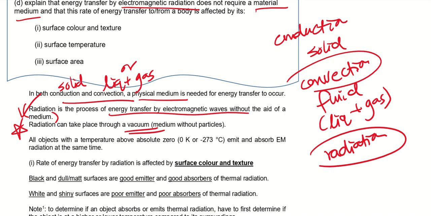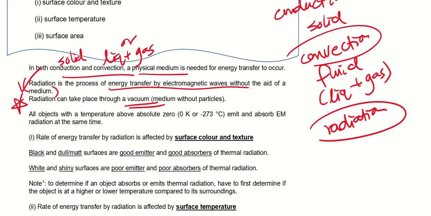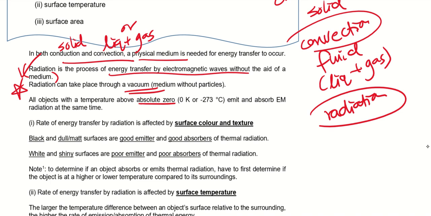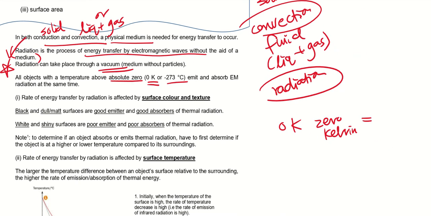Take note that all objects with a temperature above absolute zero emit radiation. Absolute zero is 0 Kelvin, which is equivalent to negative 273 degrees Celsius. So 1 Kelvin will be minus 272 degrees Celsius, so it is a linear change.